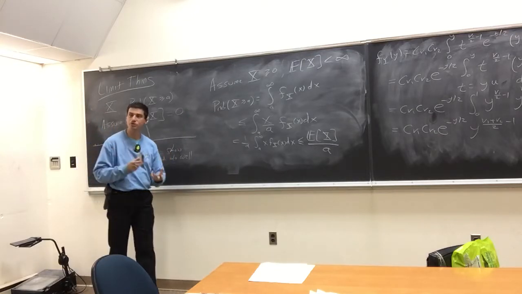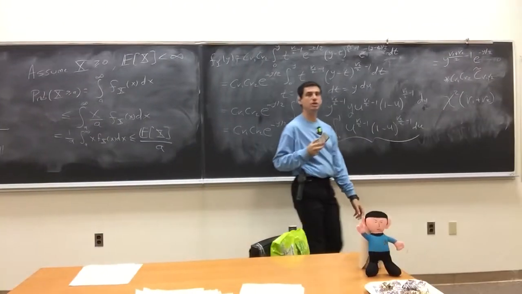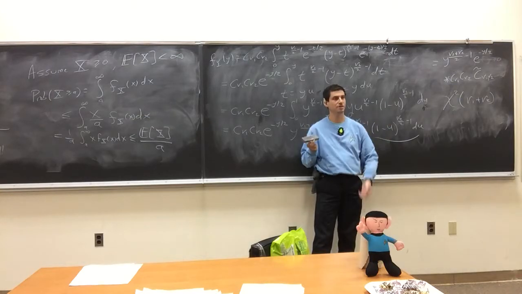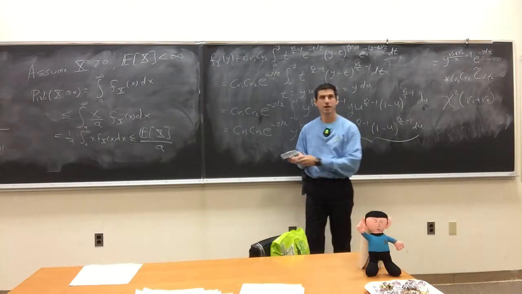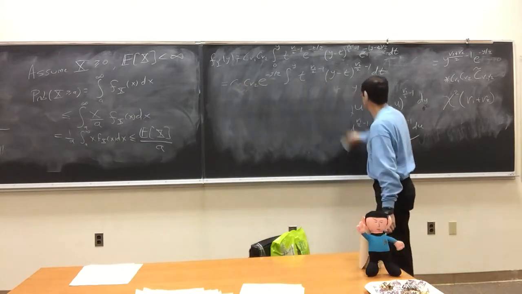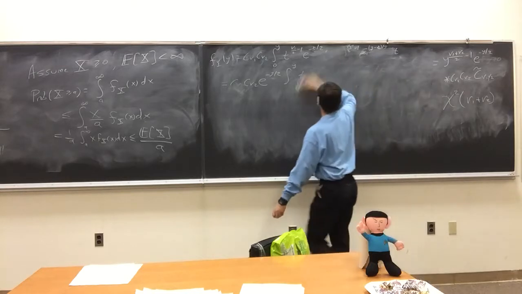If we knew something about the shape of the distribution, we should be able to do better. What would you love to know about the distribution? You'd love to know the variance. And so if you know the variance, you can do better. The next step is to assume we know something about the variance.